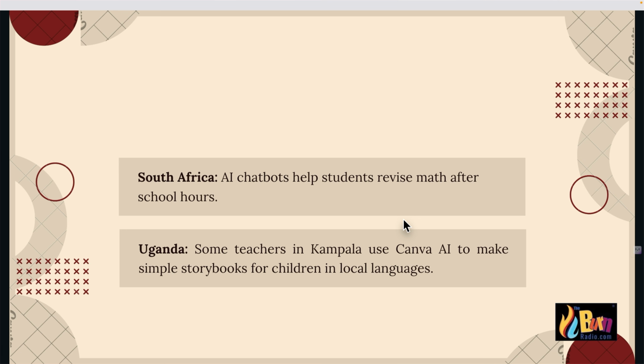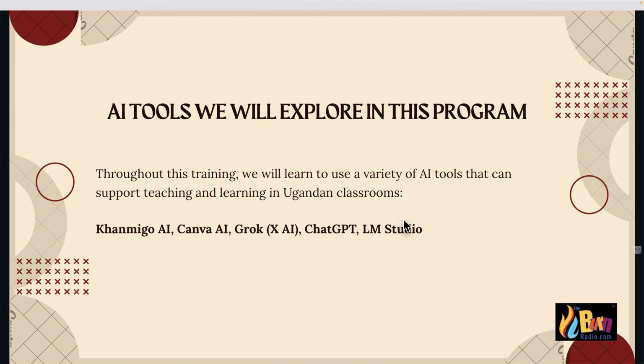Some students just don't like to copy notes, but they have a phone from their parent or their own phone, and they can use it to revise math, physics, chemistry, and so on. In Uganda, some teachers in Kampala use Canva AI to make simple storybooks for children in local languages.